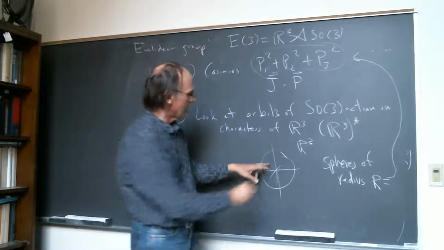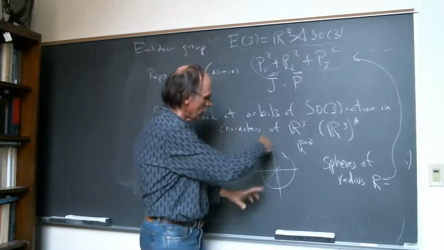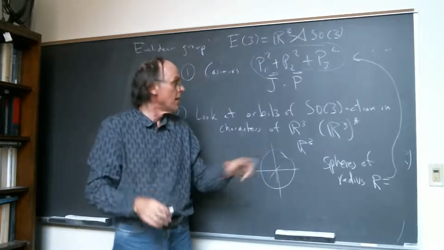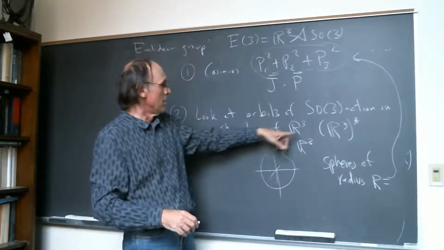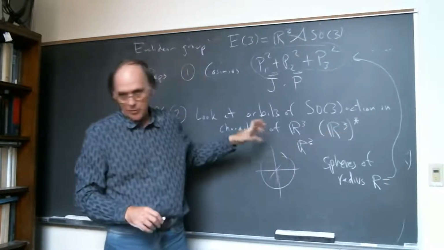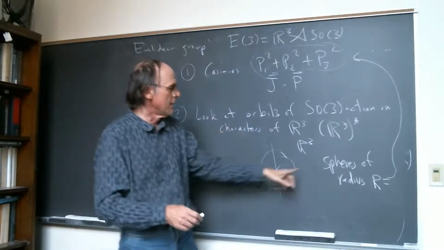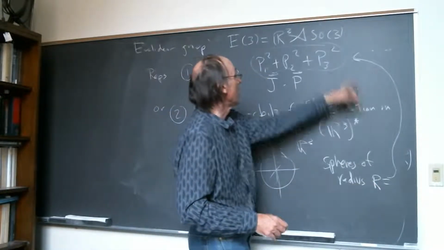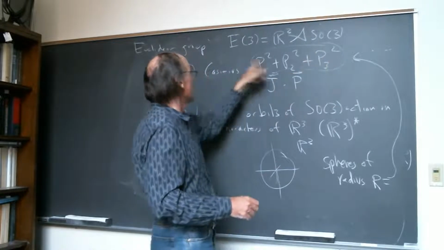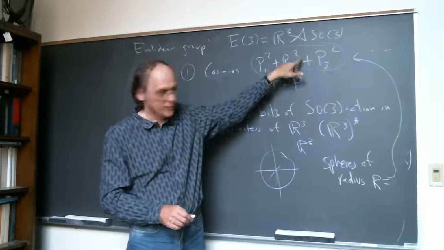If you take any vector here and look at what happens when you act on it with SO3, you get a sphere. That sphere has a certain radius, and that radius squared corresponds to knowing this Casimir.